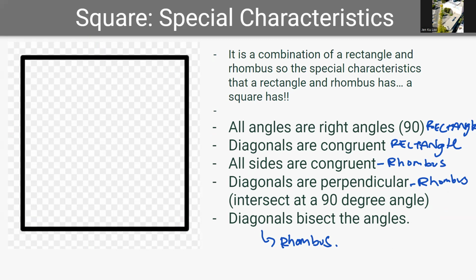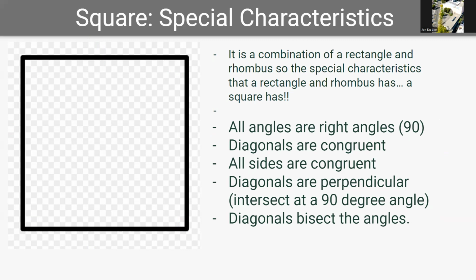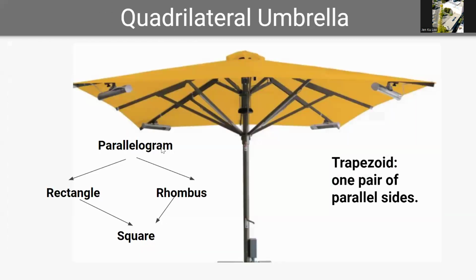So this last slide I made just to highlight the connections between all of the quadrilaterals there are. This is called the quadrilateral umbrella. Okay, so under this umbrella, there are two strands: the parallelogram strand and the trapezoid strand.